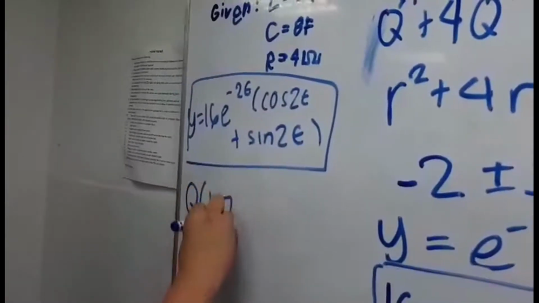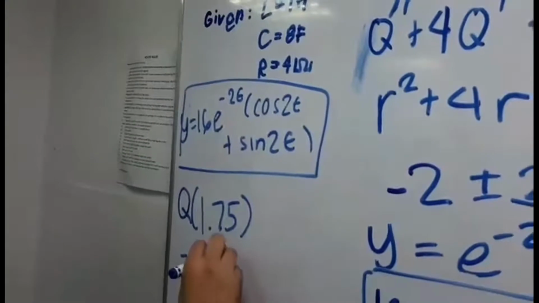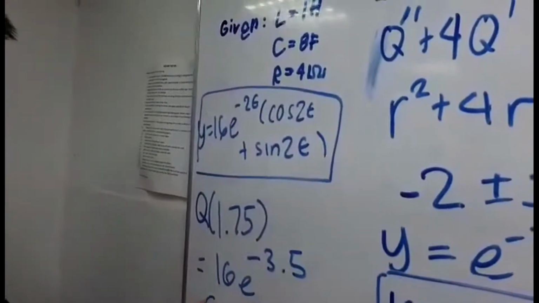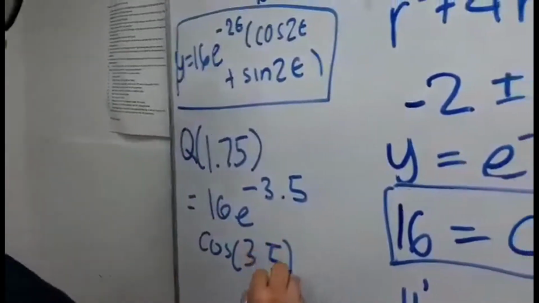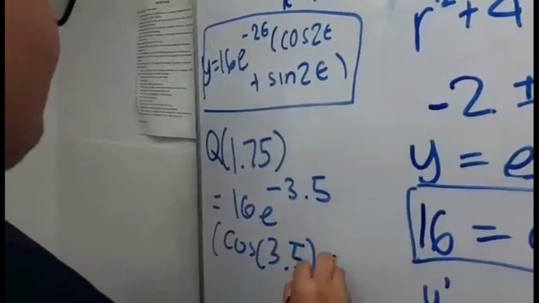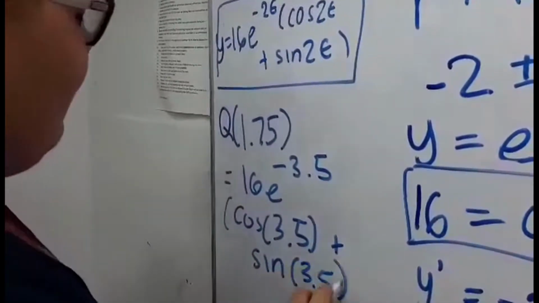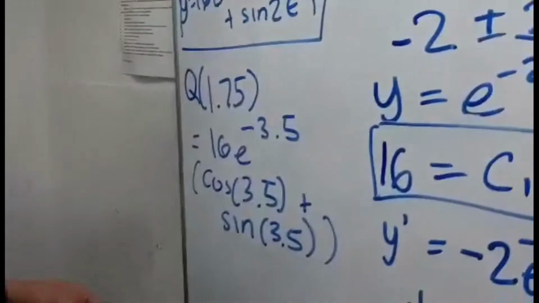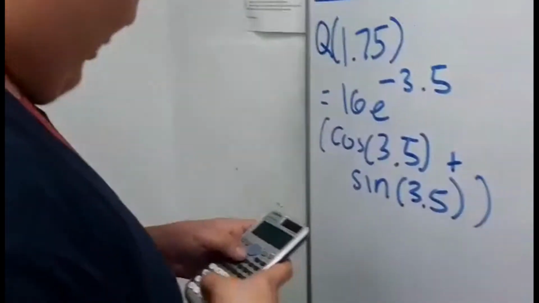Q of 1.75 is equal to 16 e to the negative 3.5 times cosine of 3.5 plus sine of 3.5. For this problem, we are going to use the calculator because, unless we want to use differentials, we have to use the calculator.